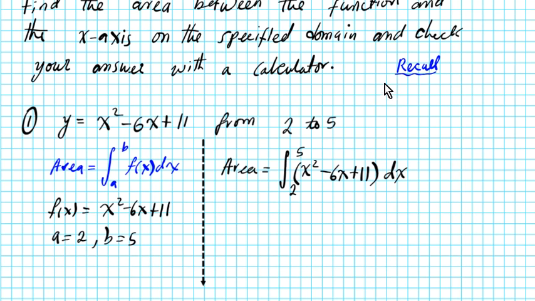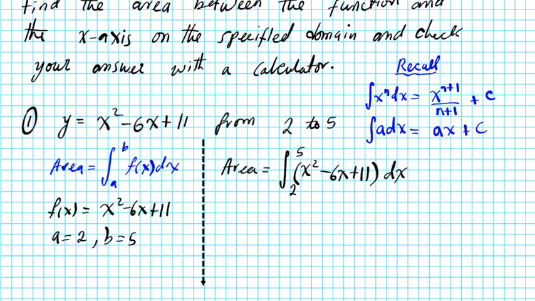So remember your power rule. If you're integrating x to the n dx, it's going to be x to the n plus 1 over n plus 1 plus c. And if you're integrating a constant, it's going to be ax plus c.